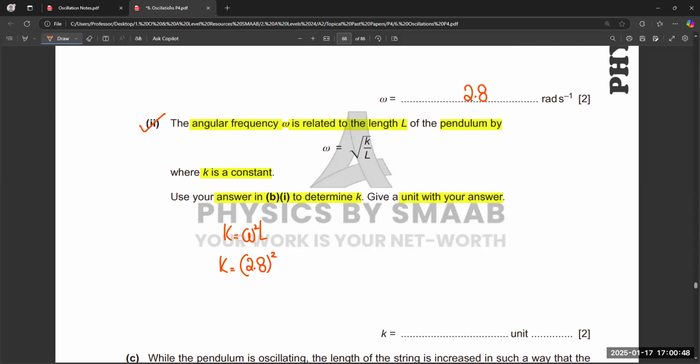L is 1.24, right? That value is given in the question, so that's not a problem. So 1.24 times the square of 2.8, which is 9 point.